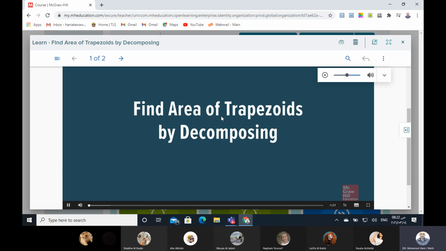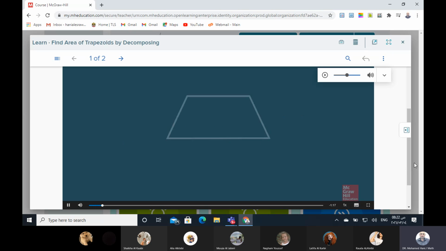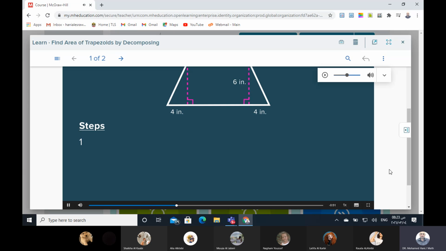A trapezoid is a quadrilateral with one pair of parallel sides. You can find the area of a trapezoid by decomposing it into triangles and other polygons. This trapezoid is made up of one rectangle and two congruent triangles. To find the area of the trapezoid, find the area of the shapes that make up the trapezoid. First, find the area of the rectangle using the area formula.